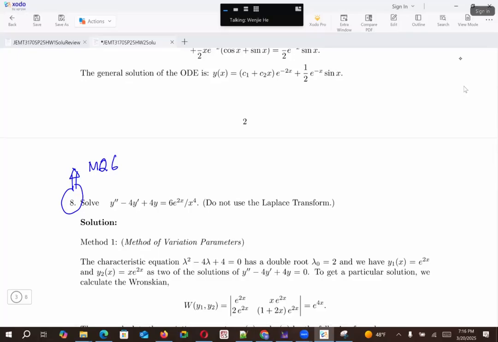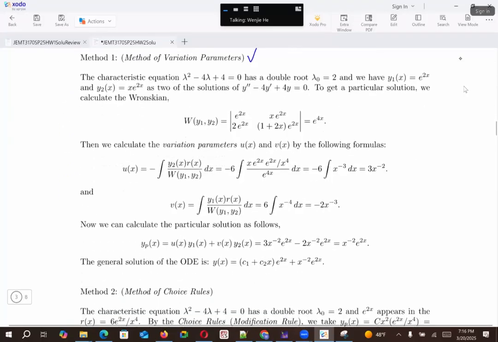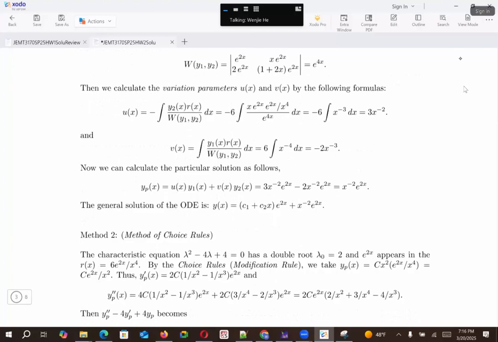So here, method 1, method of variation of parameters. Most of you use this method. I looked at several students' work, and most of you use this method. That's okay, but I want the second method.